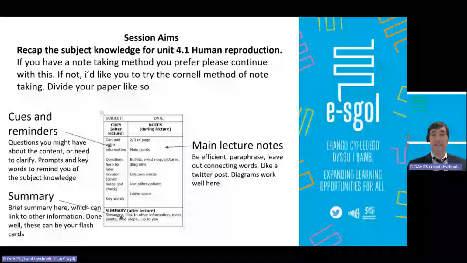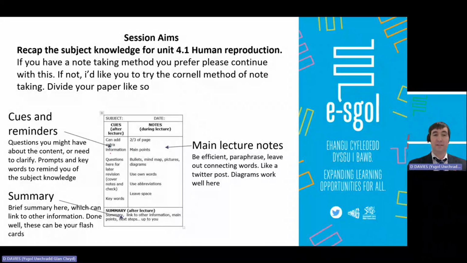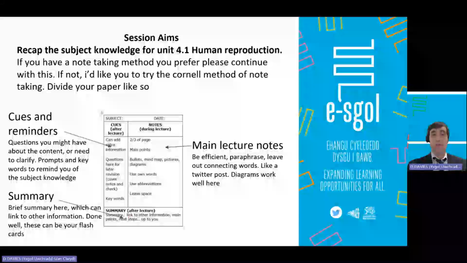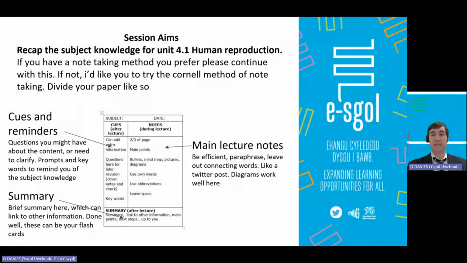After the lesson, you fill this bit in with cues and reminders. So how can I remember this bit? You need to put something in there to help you remind. Any questions that you might have about it, bits that you don't understand, they need to go there. And then afterwards, you need to summarize what you've learned here.